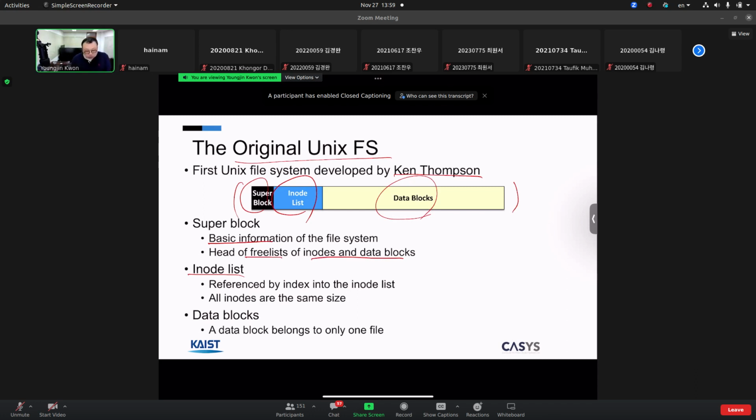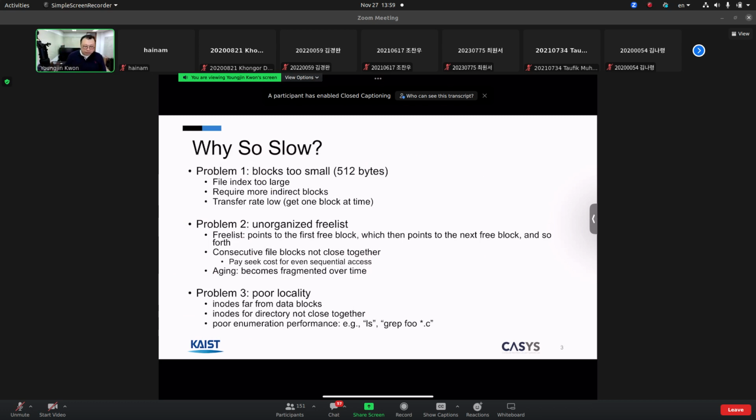The inode list is referenced by the superblock. Each inode has the linked location of its data blocks, and data blocks belong to a file. This was the original file system of 1970. It was used widely. However, people identified that this original Unix file system is slow.